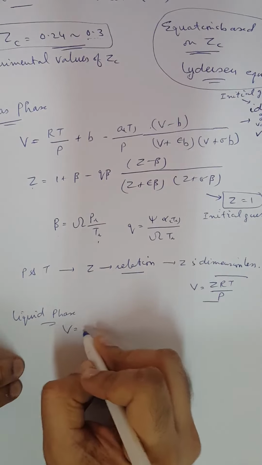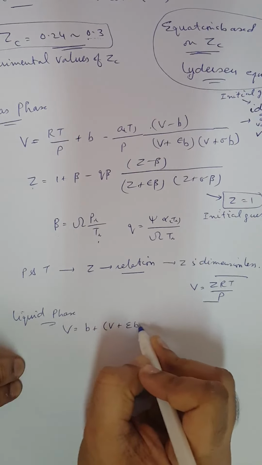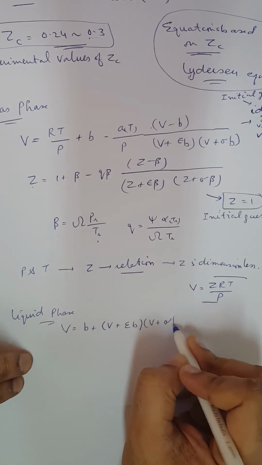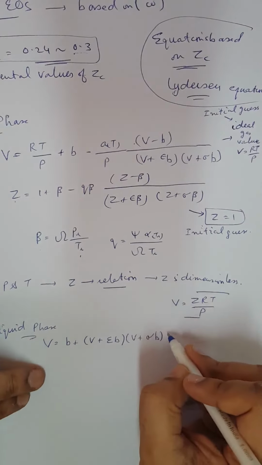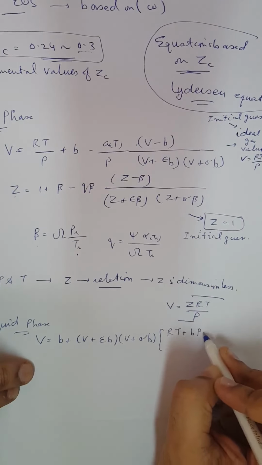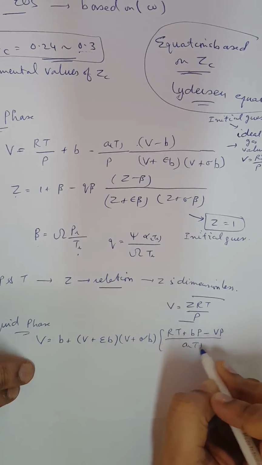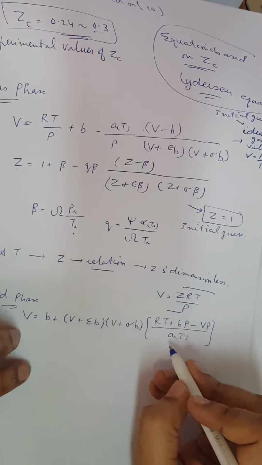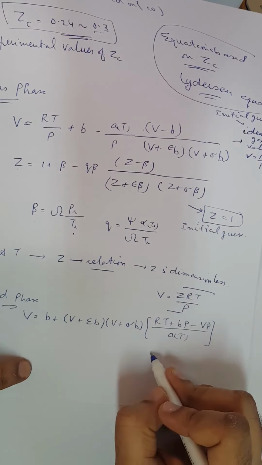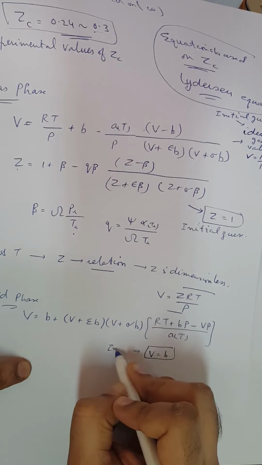V equals b plus epsilon b over V plus sigma b, times RT plus bP minus VP over a(T). The initial guess is V equal to b.